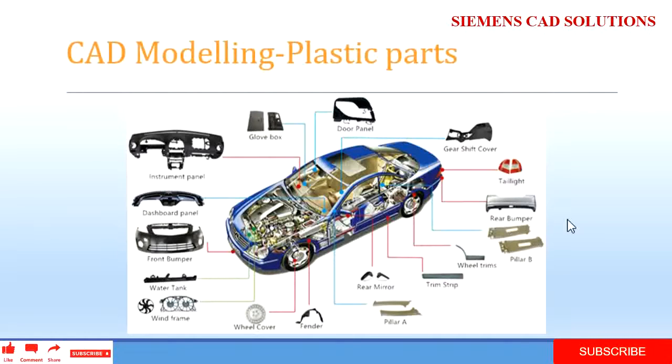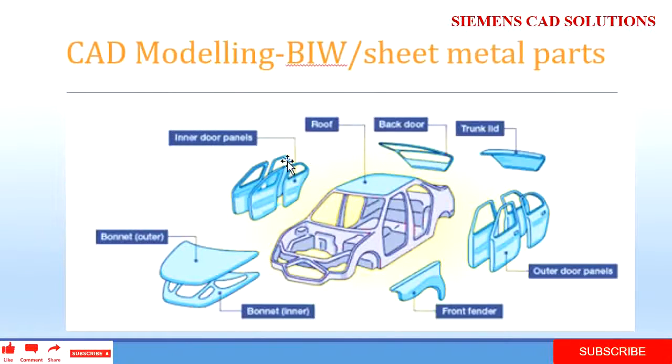For BIW, we will have the inner door panel, outer door panel, back door or hood, rear hood. So front one, bonnet inner and outer, and then front fender. So this roof. So these are the major BIW parts involved in automotive exterior, and also the chassis frame of the vehicle all comes under the BIW design.